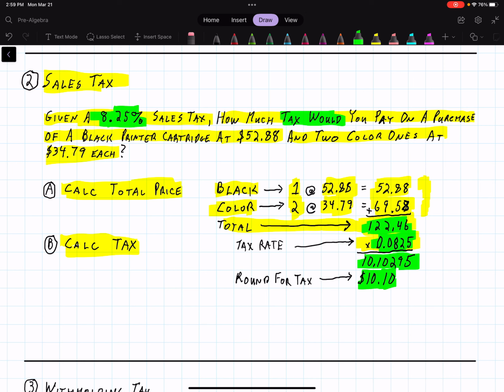If they wanted you to come up with the total price, you would then have to add our price to that, the amount of taxes, and you would see $122.46 plus $10.10. So the total bill would be $132.56. But they weren't asking for that. They were asking for how much tax would be paid.